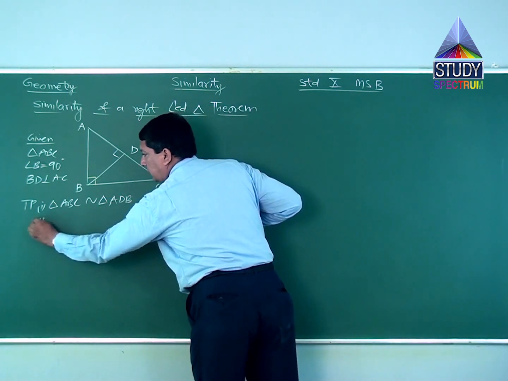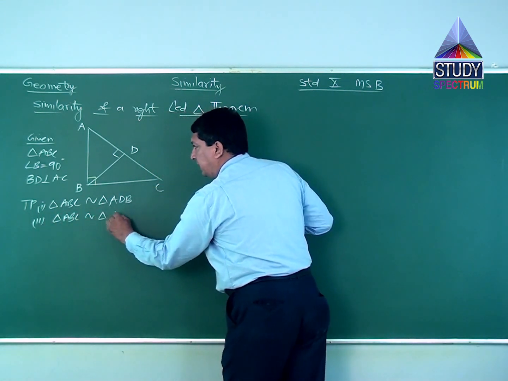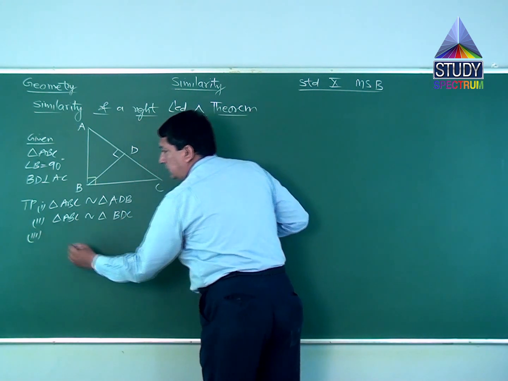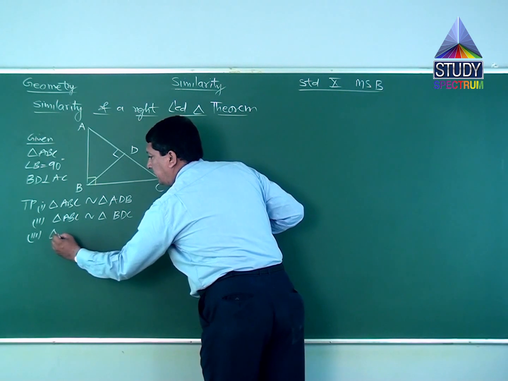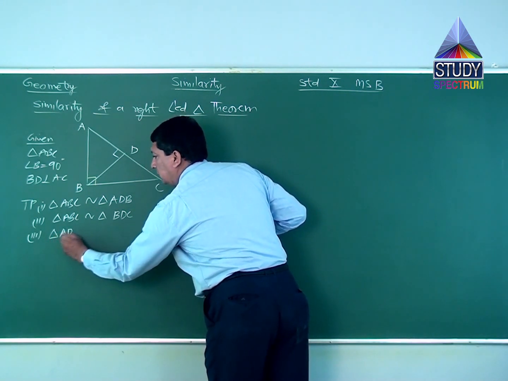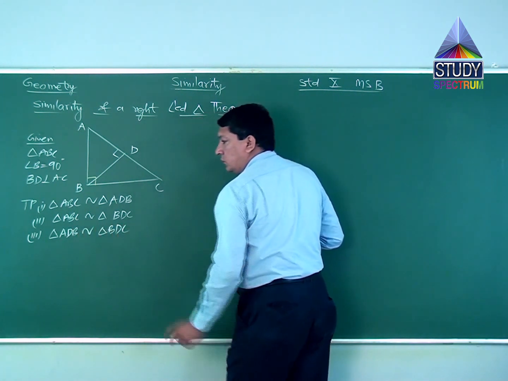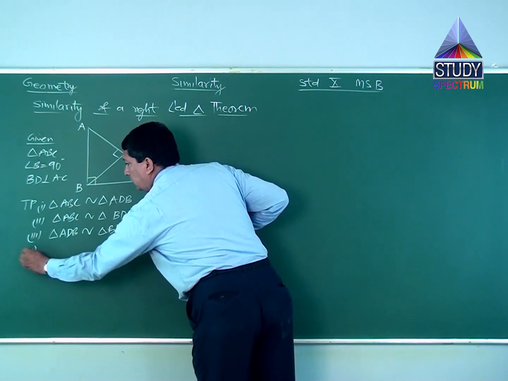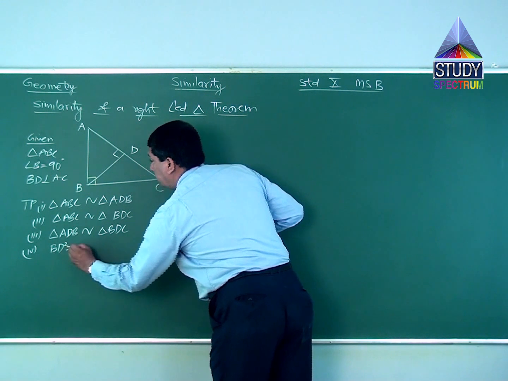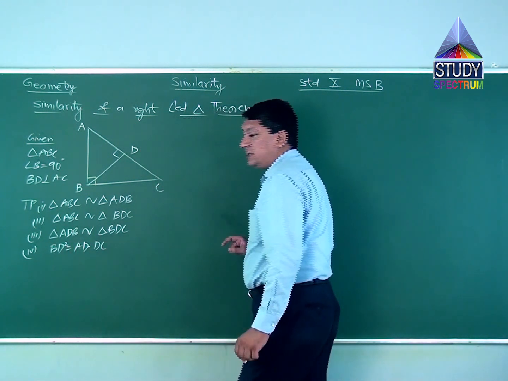Second, triangle ABC similar to triangle BDC. Third, triangle ADB similar to triangle BDC. Also, one more, BD square equals AD into DC. You can write CD also or DC.